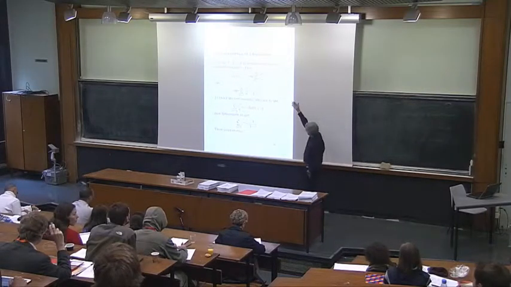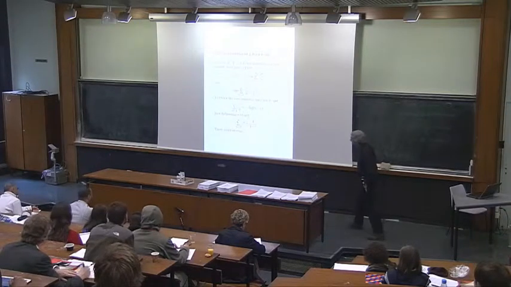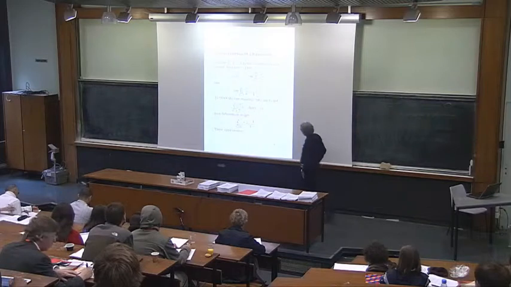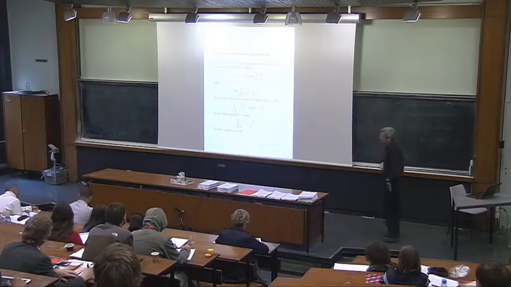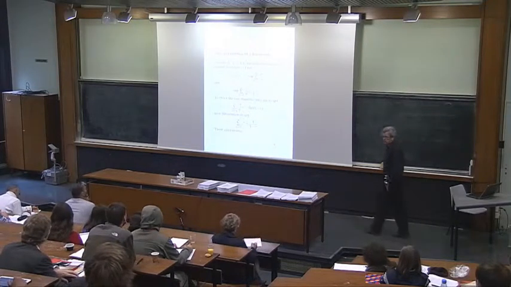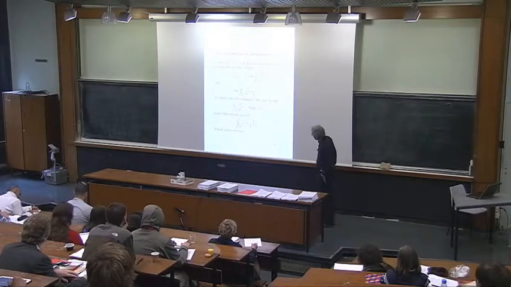So we have this zeta function, and let's just do the elementary exercise. This series is 1 over 1 minus z. It's 1 plus z plus z squared plus z cubed, etc. Let's just check that.